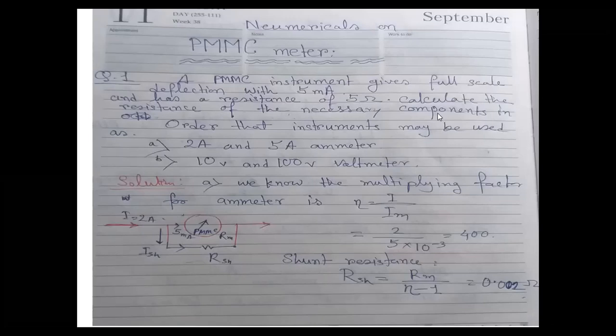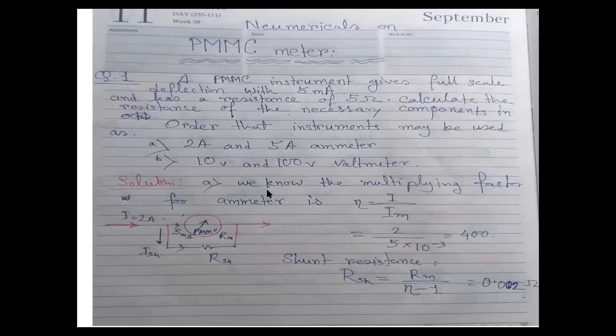Okay, calculate the resistance of the necessary components in order that the instrument may be used as a 2 ampere and 5 ampere ammeter, and a 10 volt and 100 volt voltmeter. Guys, I think you can understand the question, and it covers all the basics related to the shunt, the required shunt resistance calculation, and the multiplier resistance calculation.